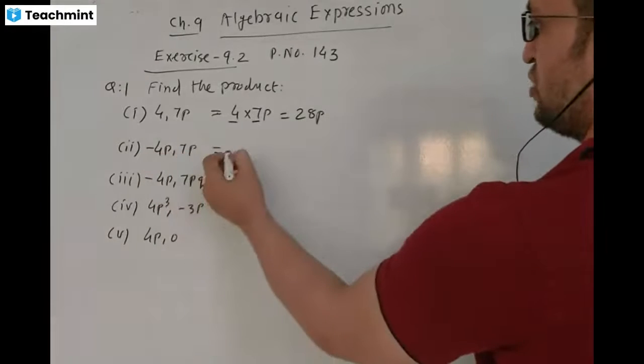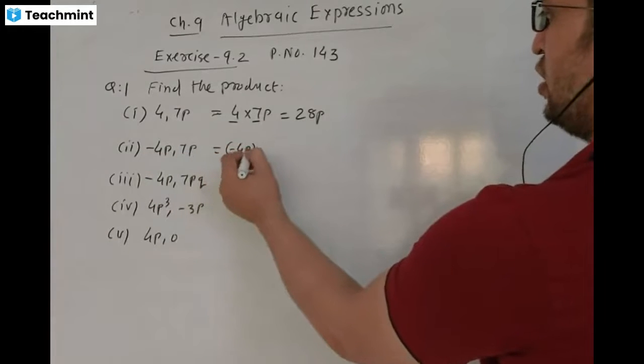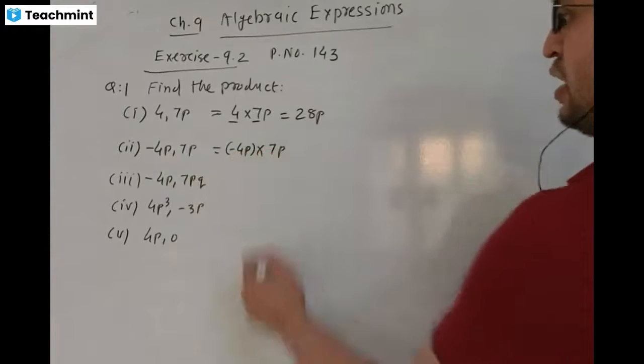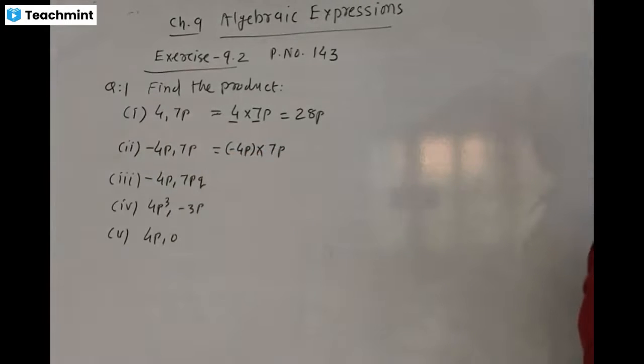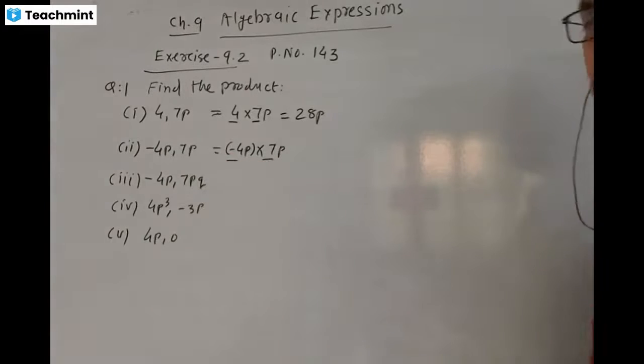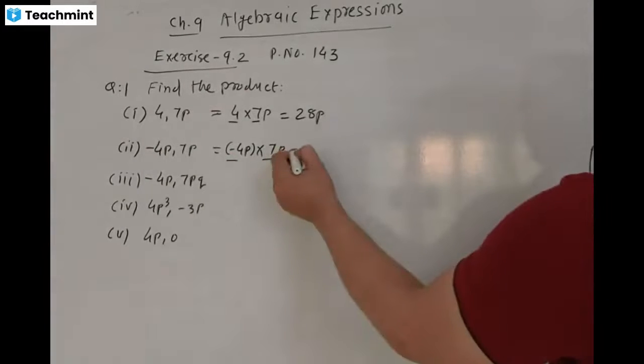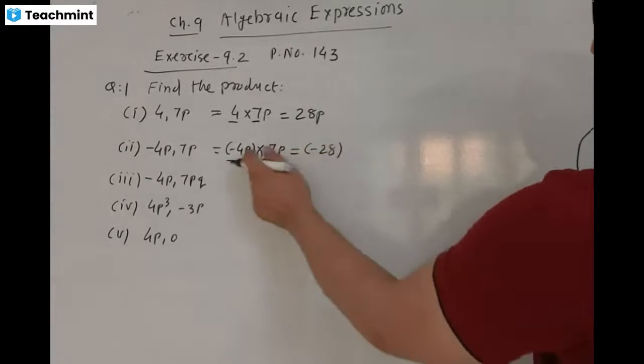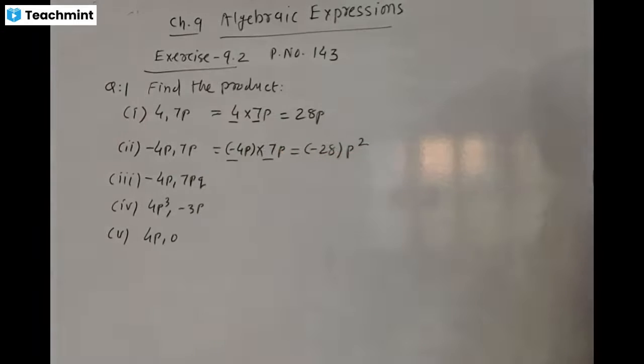Similarly, one monomial term is minus 4p and another monomial term is 7p. Constant term multiply with constant term, 4 7s are 28, negative sign as it is, and p into p, that is p square.